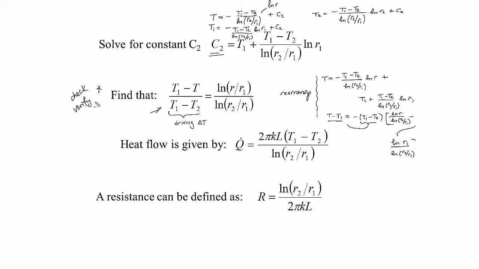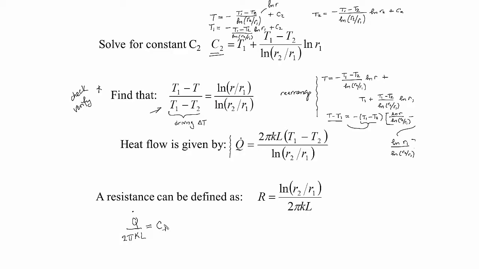All right. The long and short of it is that it gives us what Q dot is in terms of those constants. Let's understand that again by referring back to what we had before. If you recall, we said that Q dot over 2 pi KL is equal to a constant. Remember, we called that constant C1.